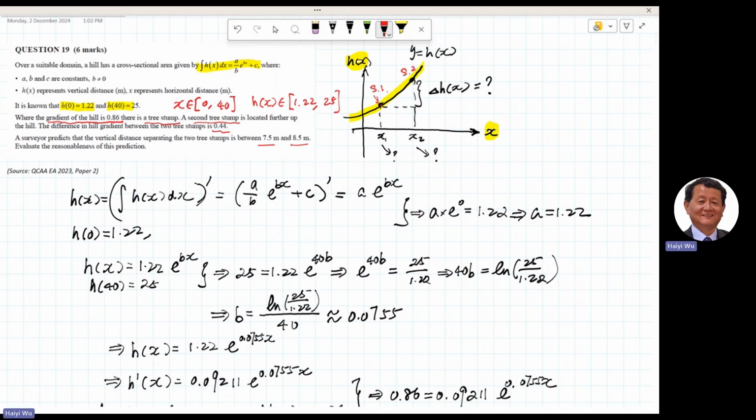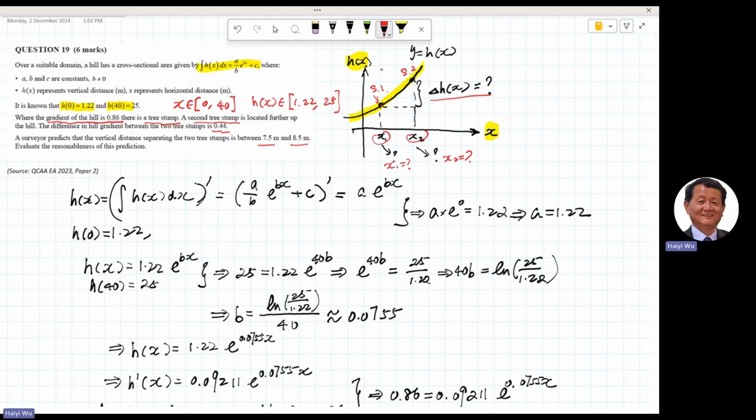We need to find whether that is the vertical distance between the two stumps, so we need to find delta h(x). The two stumps, x1 and x2, we don't know, so we need to determine those points.